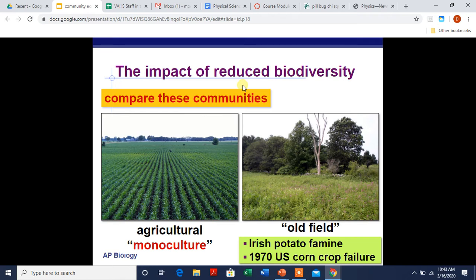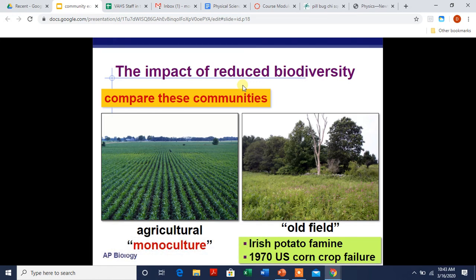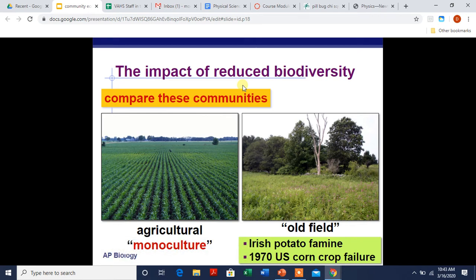So compare these communities. All right. Think about the Irish potato famine and the 1970 US corn crop failure. These things all had to do with agricultural monoculture. Reduced species diversity in both cases caused those crops to be susceptible to being completely destroyed by adverse weather conditions and climate changes or infection pathogens.